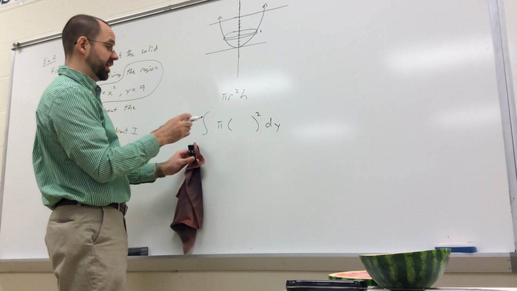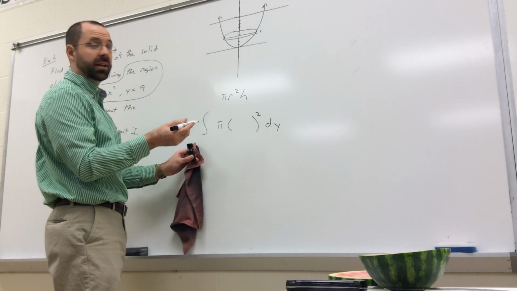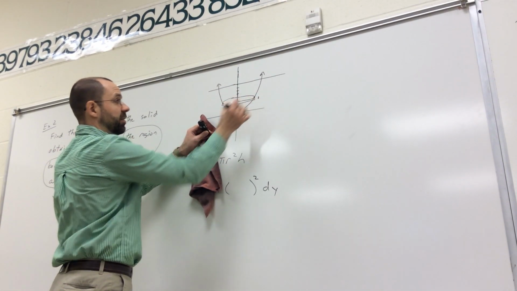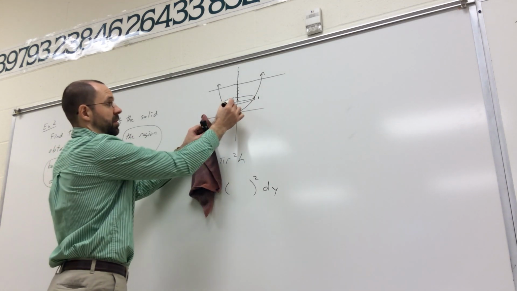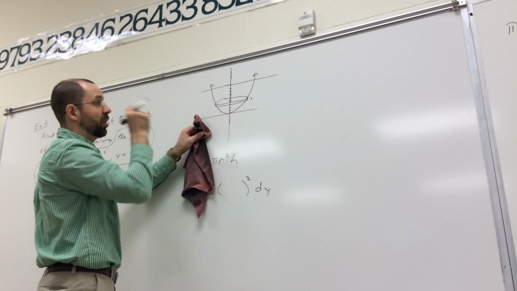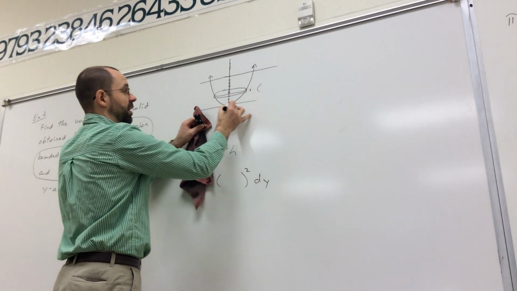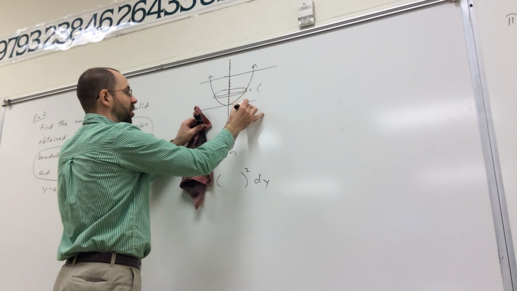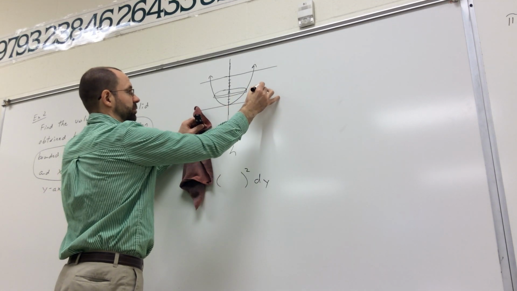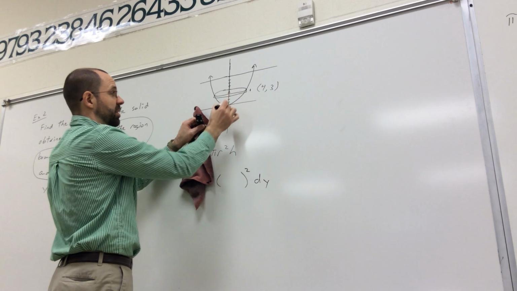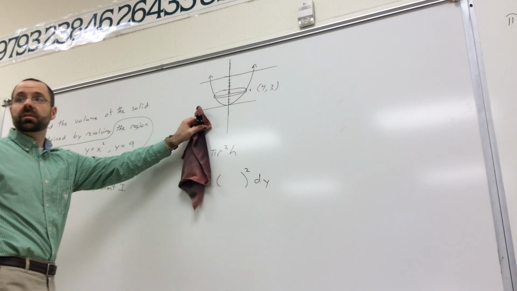Okay, so then the radius. That's the hardest part, right? So the radius goes from here to here. So I'm going to make up a number. It's not going to be accurate. Let's say this point is 4, 3. If that point is 4, 3, what's the radius?